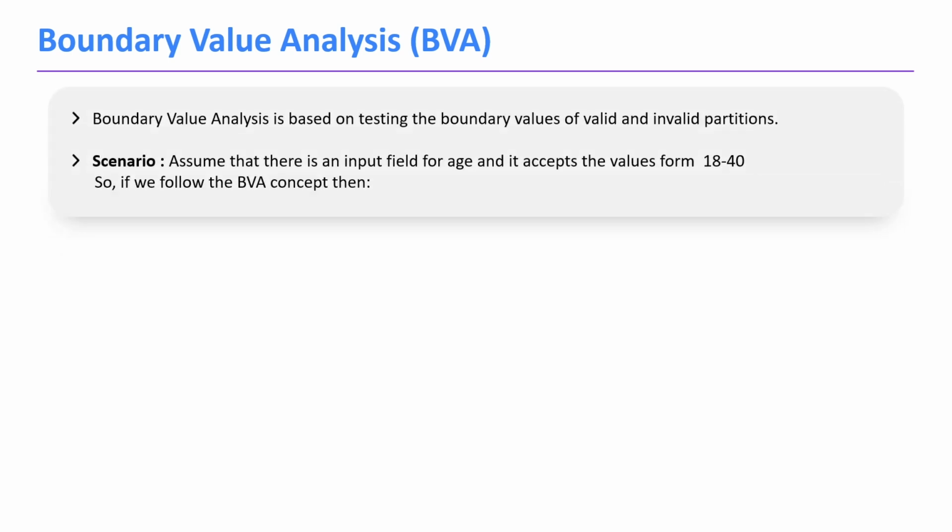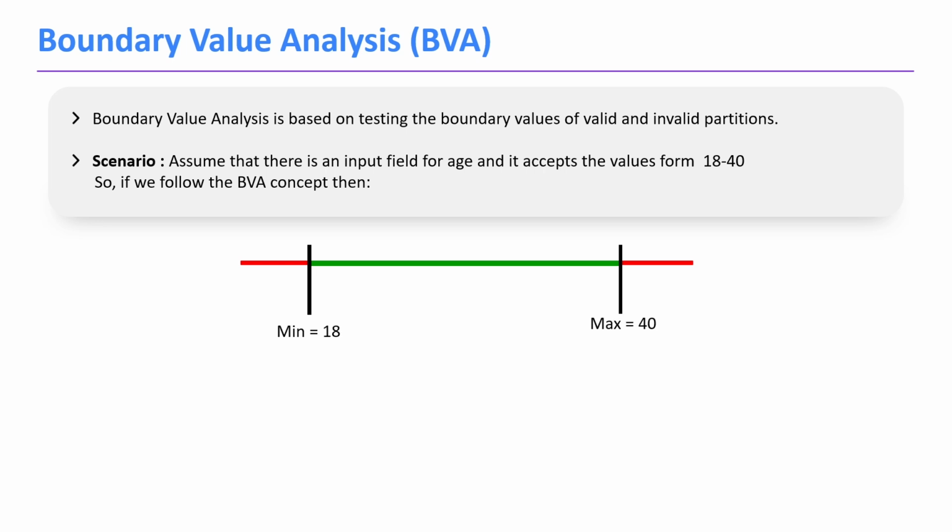Next is boundary value analysis. Boundary value analysis is based on testing the boundary values of valid and invalid partitions. Assume one scenario here that there is an age field that accepts values from 18 to 40. If we apply boundary value analysis here, we test the boundary values.